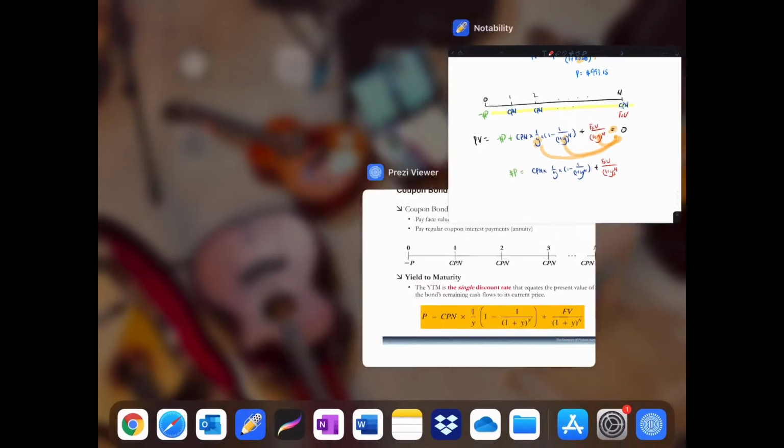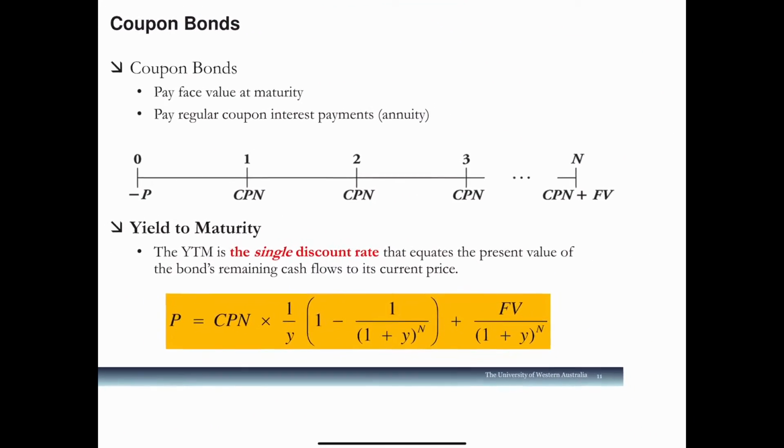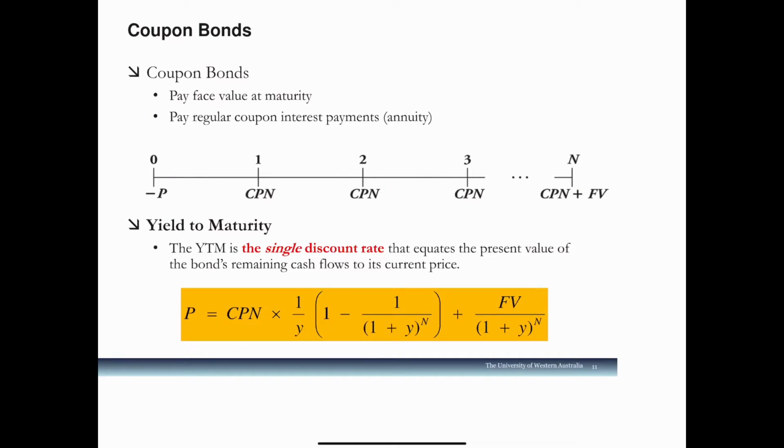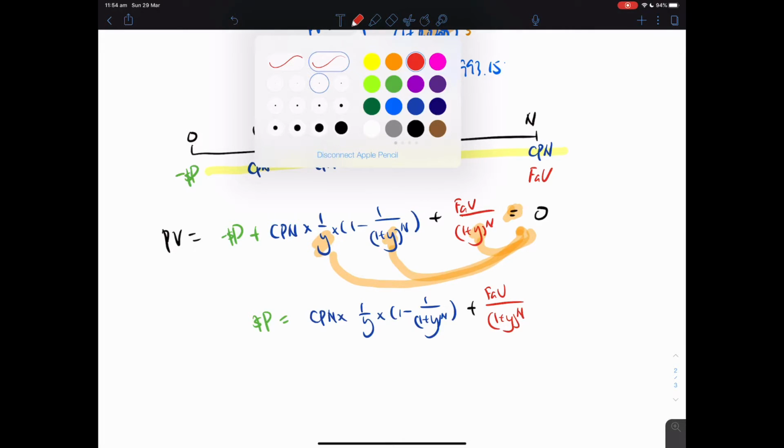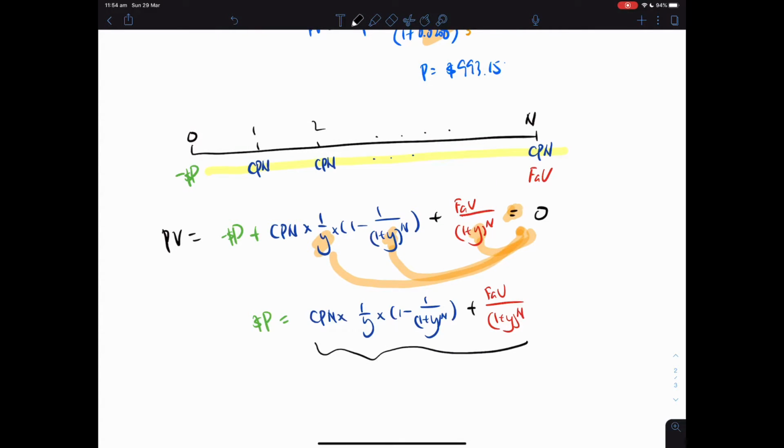Moving back to this equation over here, that's the same equation as what we just wrote down. So the yield to maturity is a single discount rate that equates the present value of the bond's remaining cash flows to its current price. In a sense, this is your income as the bondholder, and this is the bond price you paid.